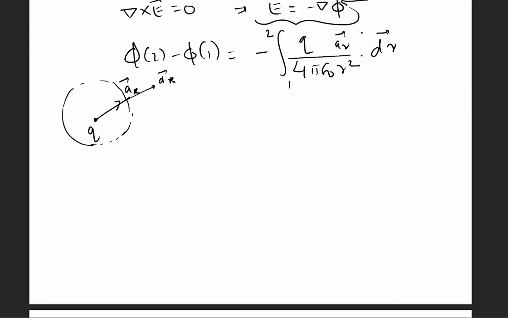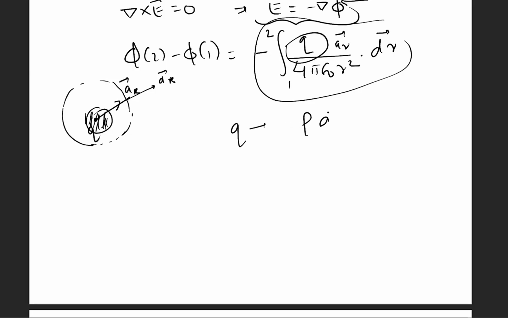So this is the electrostatic potential due to one charge. What if there are so many charges? Let us say it is just a volume charge distribution. So this Q will be replaced by rho dV dash over a volume V dash. This sphere is having volume V dash. This prime or dash is shown to be the source point, that is, this integral is going to be done over the source points, not the field point.